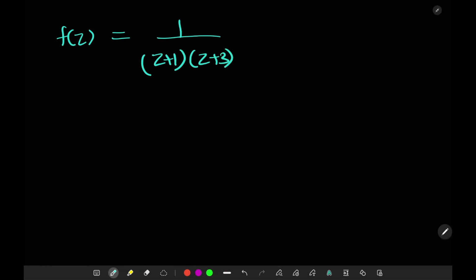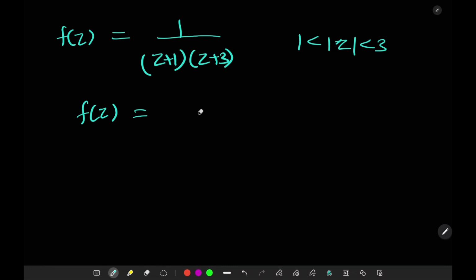Now let's do another question. f(z) is equal to 1 by (z plus 1)(z plus 3). Here it is given that 1 is less than mod z and mod z is less than 3. Now for this type of condition, here you can see mod z is less than 3, so this type of question is solved as follows.